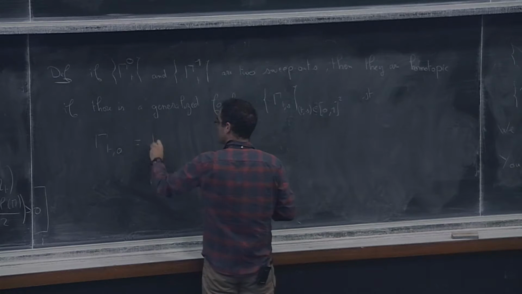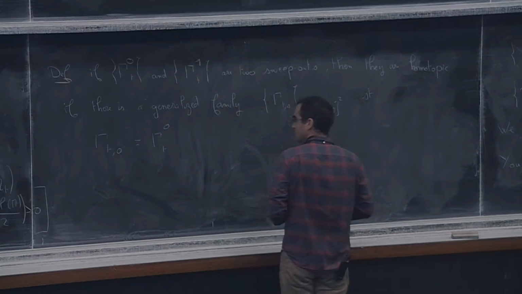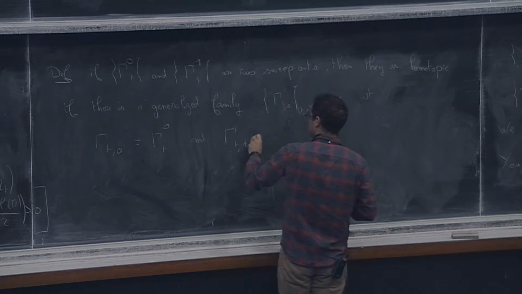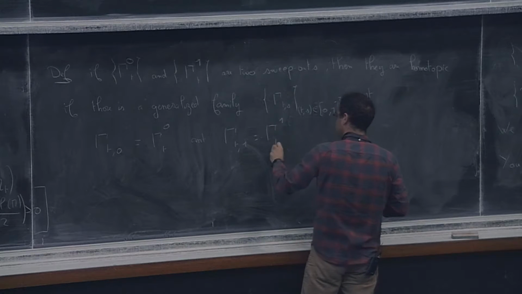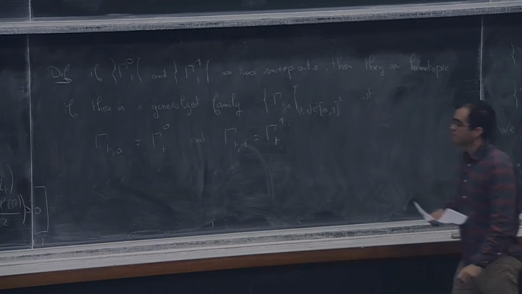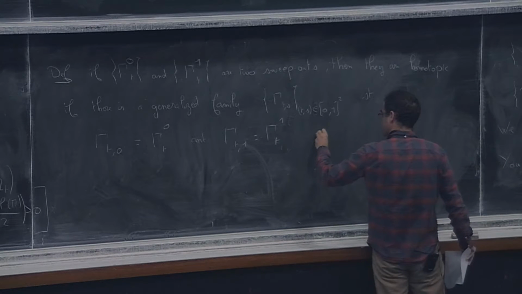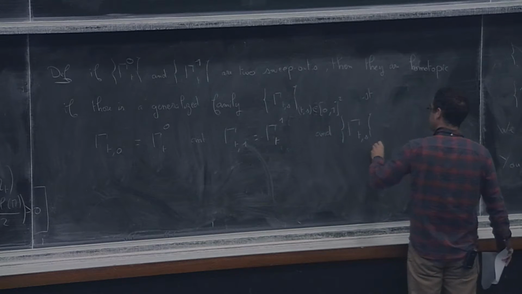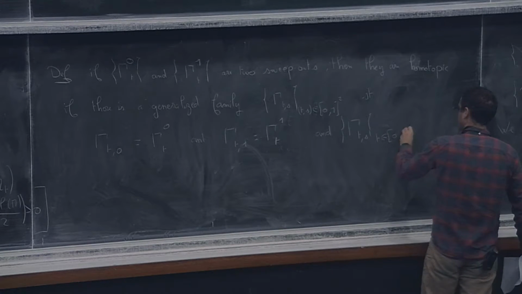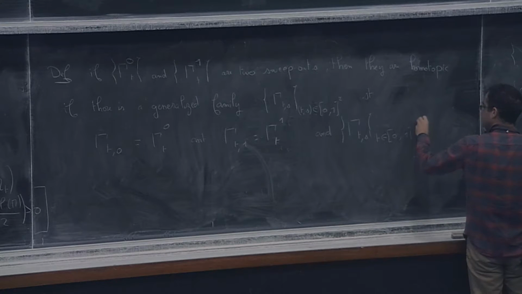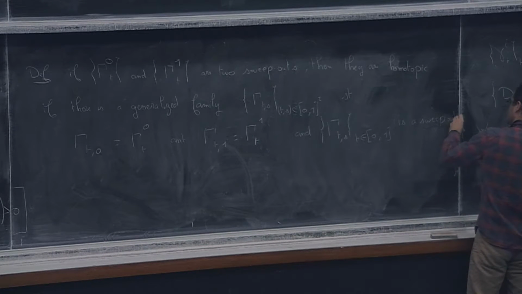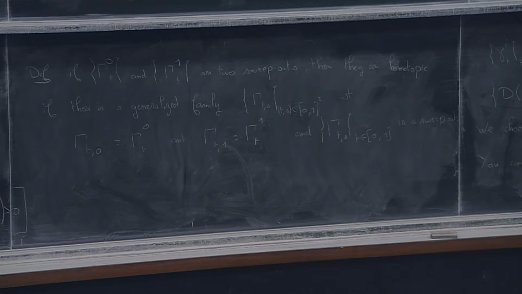So gamma t0 is equal to gamma 1 t0 like this, and gamma t1 is equal to gamma 2 t1, and gamma ts, if you fix s and let t between 0 and 1, what you want is that this is also a sweep out. So they are homotopic if there is a continuous path in the space of all sweep outs from one to the other one.